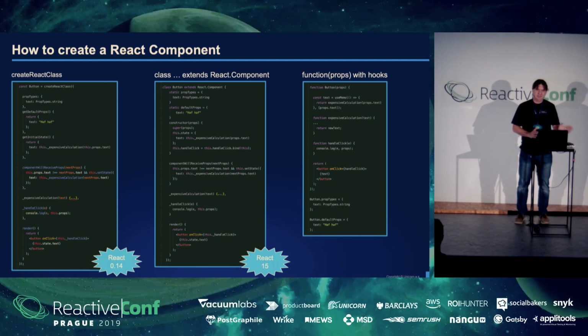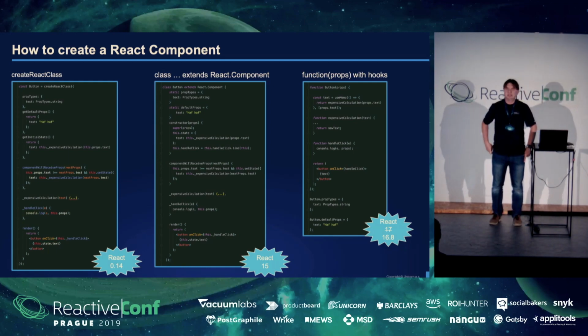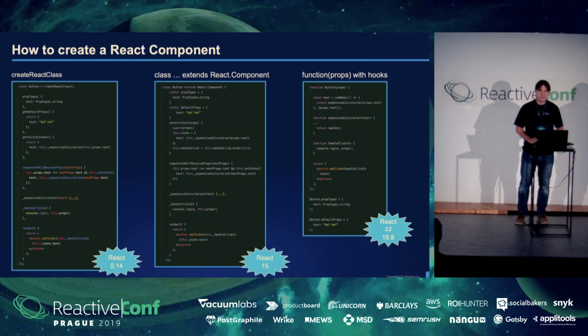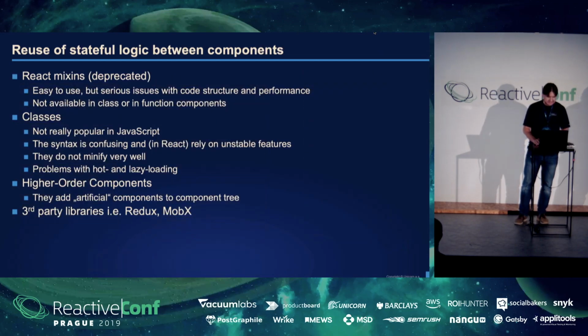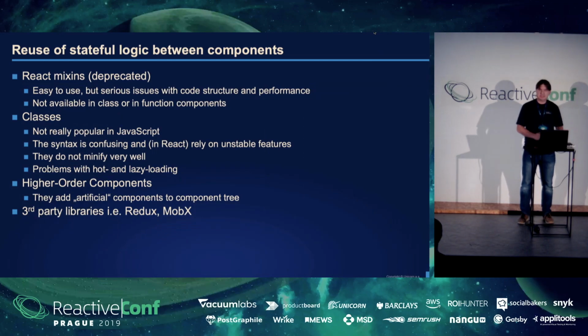But as time went on, function components jumped in. First, they were purely prop-oriented, stateless, and with React 16.8, it created another logic called hooks, which allows us to do pure functional programming in React with all the things we know and like in React, like props, state, shared stateful logic, etc. So the reuse of stateful logic in the past was done with several things.